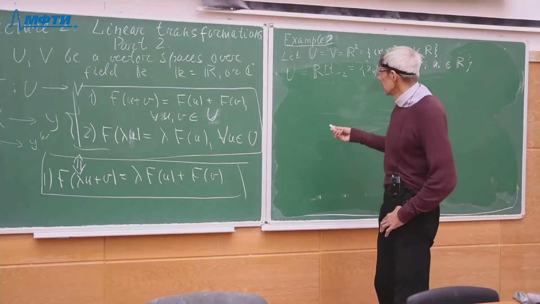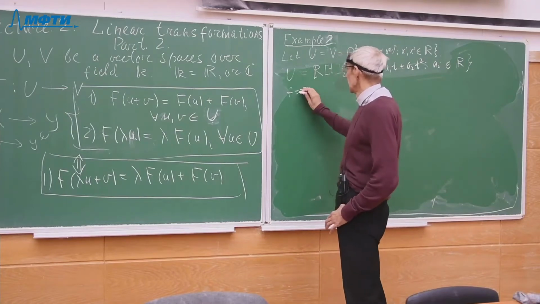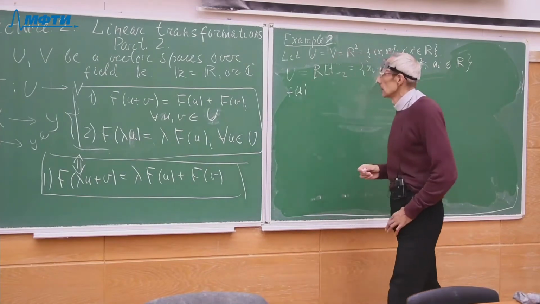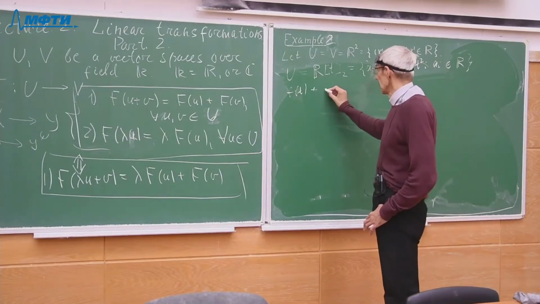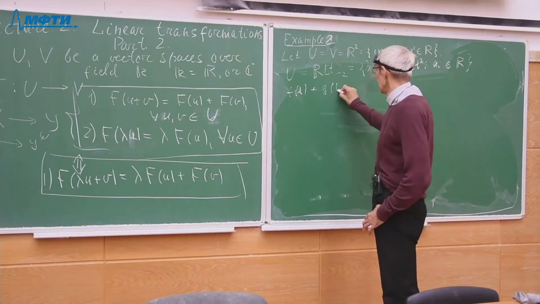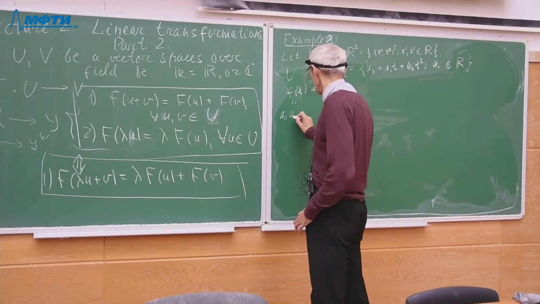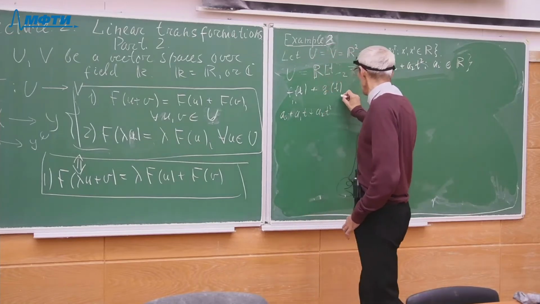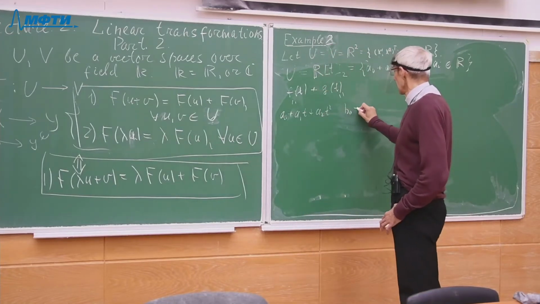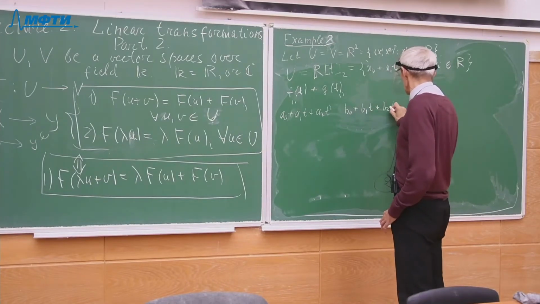The sum of two polynomials: let f be the polynomial a0 plus a1 t plus a2 t square, and g this polynomial b0 plus b1 t plus b2 t square.